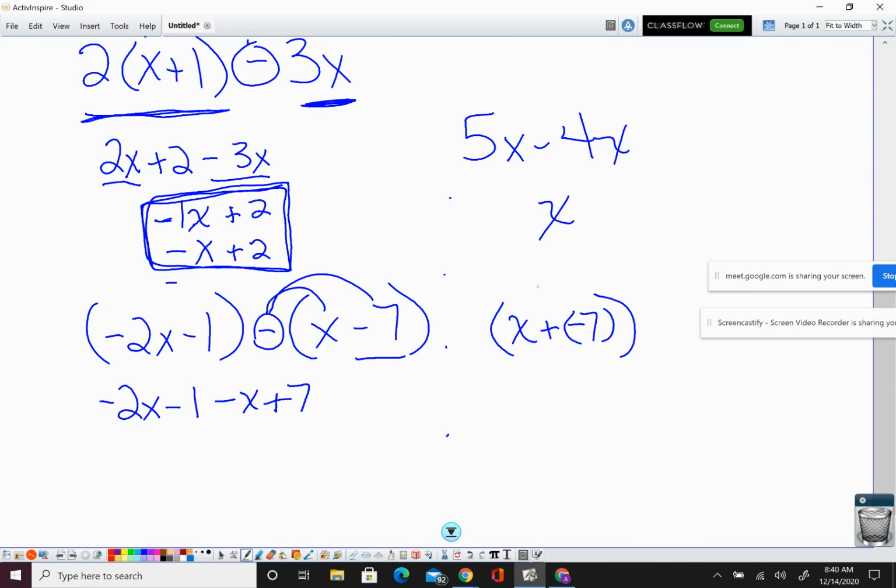Realize that this minus 7, subtraction of 7, is the same thing as a negative 7. So when I finish simplifying this down, the negative 2x and the negative 1x become a negative 3x. And a negative 1 plus 7 equals a positive 1.